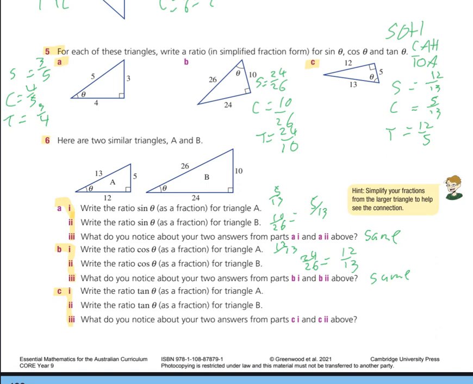Tan is opposite over adjacent. So 5 over 12. And for B, it's going to be 10 over 24, which is 5 over 12. And they are the same.